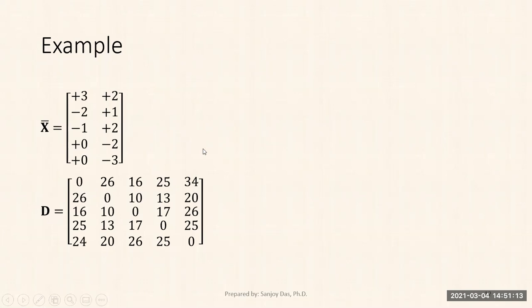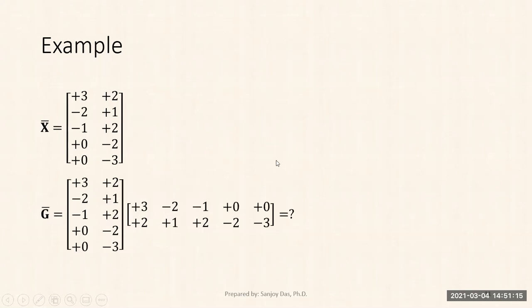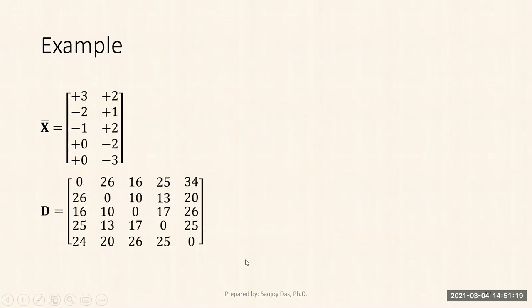Okay, this will be the distance matrix, and you can compute the Gram matrix. Why are the diagonal elements 0? Because the distance from a point to itself is 0, right? What's the distance between points 1 and 2? Here 5 and here 1. 5 squared, 25, plus 1 squared, 1, that's 26. So the squared distance is 26.